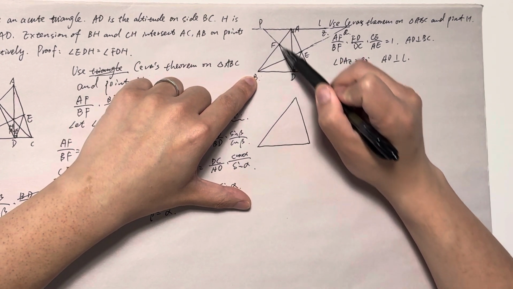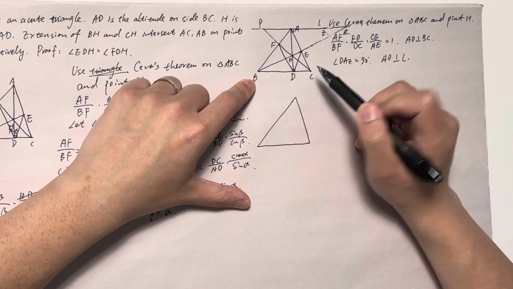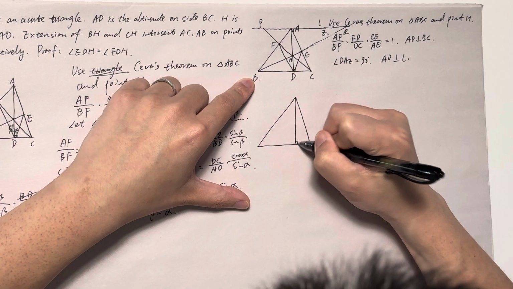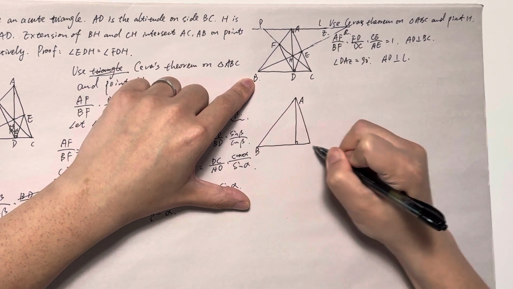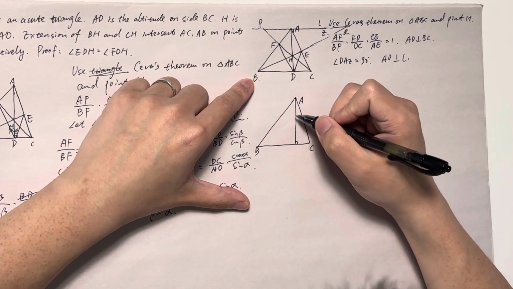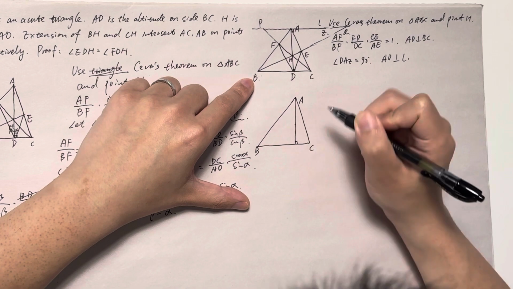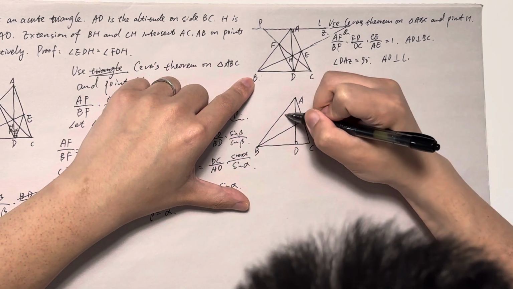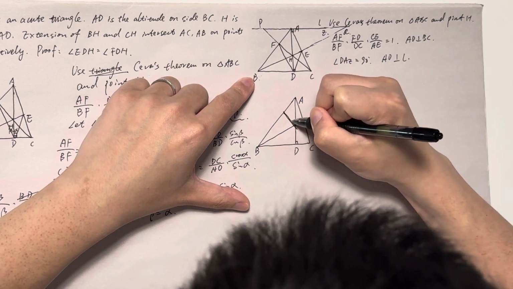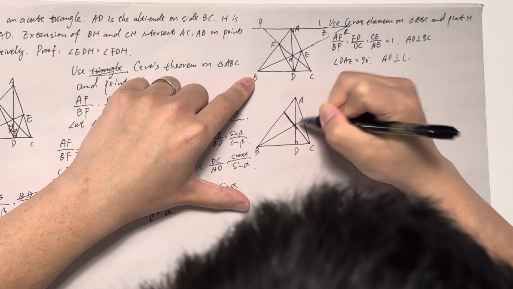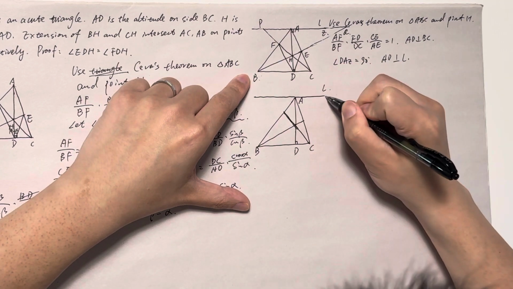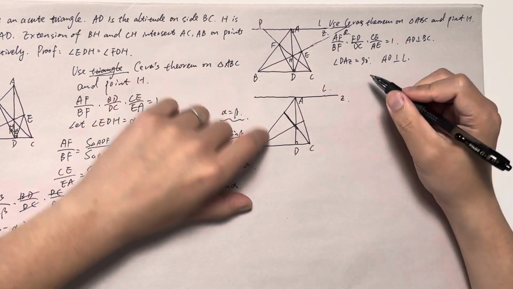So that's why we want to extend the DF rather than CF. So let me redraw it here. A, B, C. Point H, D. Right, and there's lines here.